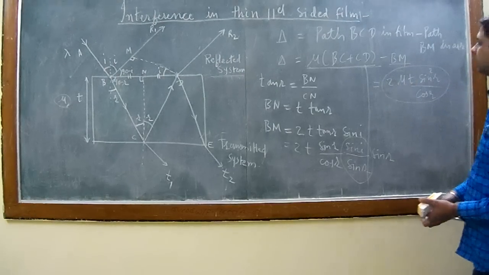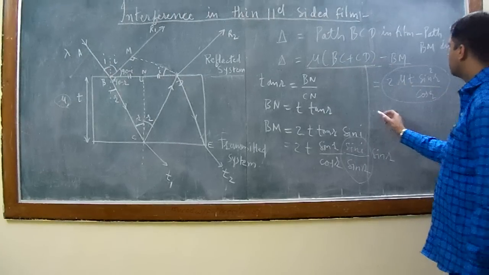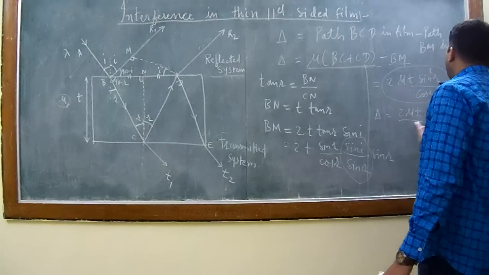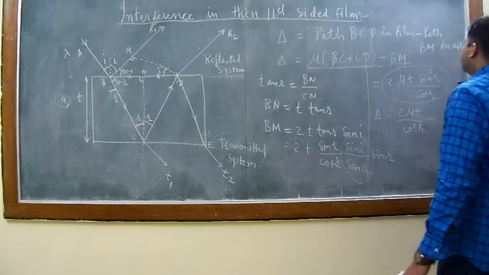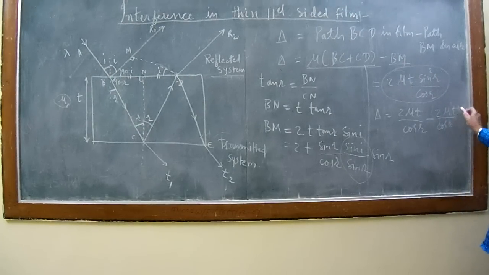Now as we have calculated path BCD in film, which is mu into BC plus CD, which is 2 times mu into t upon cos r, minus path BM in air, which is 2 times mu into t upon cos r into sin square r.